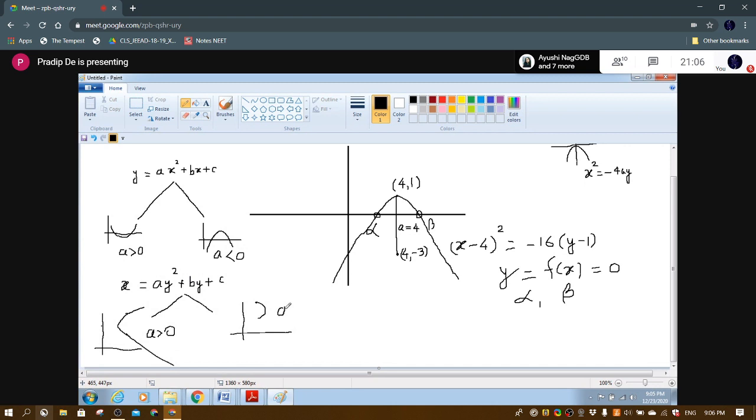If a is negative. Okay. See, in both the cases the axis is parallel to x-axis. And in these two cases, the axis is parallel to the y-axis.